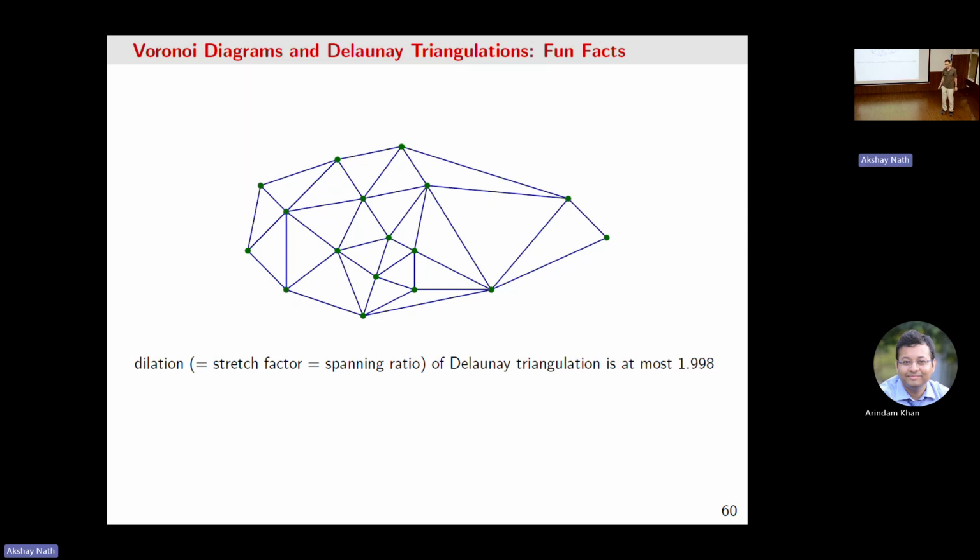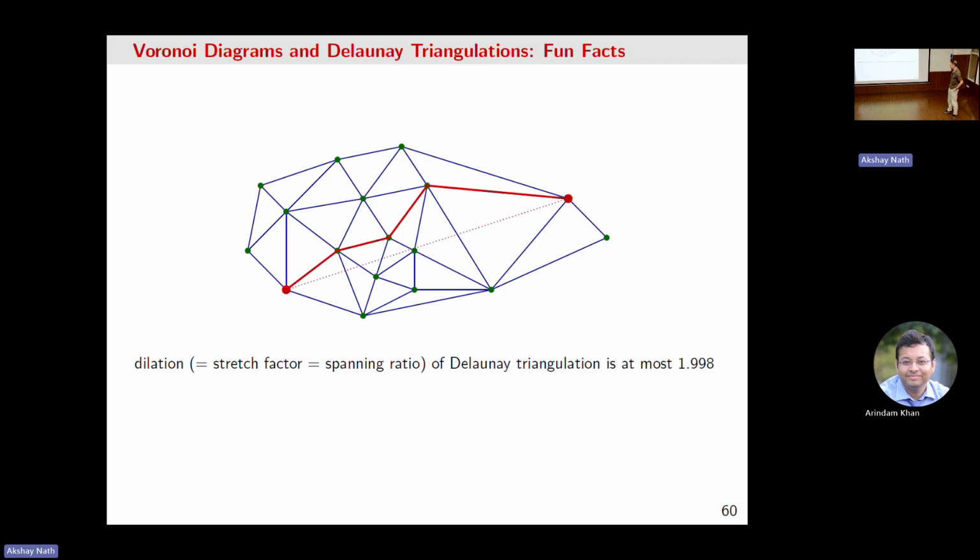Ideally, if you have a set of points, you would like to have a direct connection to everybody else. Suppose this is a road network. If you go from Bangalore to Mysore, you would prefer to have a road that goes directly there, but maybe you have to go through some other cities and you have a slight detour, but you want this detour to be small.